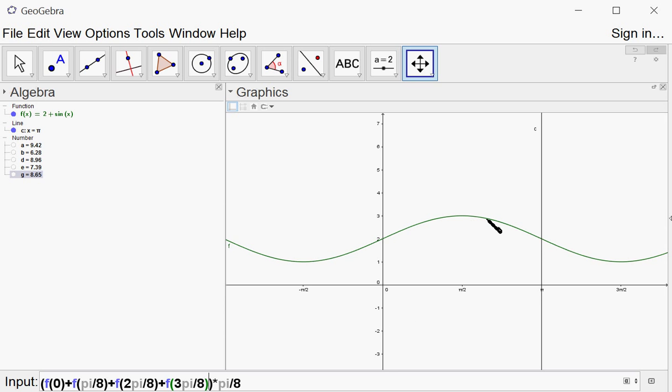For the last four, you have to use the right endpoint, which means you would have f of 5 pi over 8 and f of 6 pi over 8 and f of 7 pi over 8, and then f of 8 pi over 8, which is pi, right? So that would be all 8 rectangles, and type it in, 7.86, right?